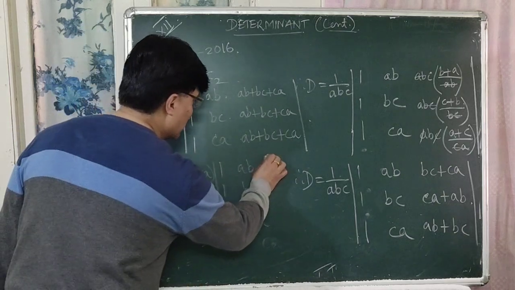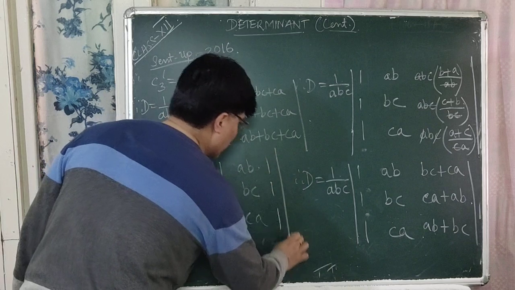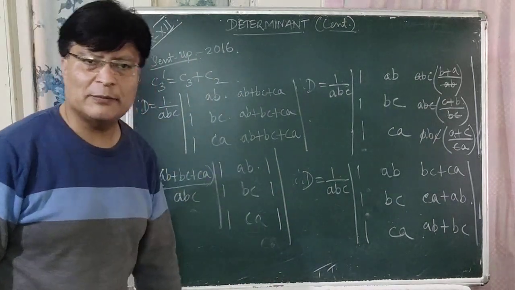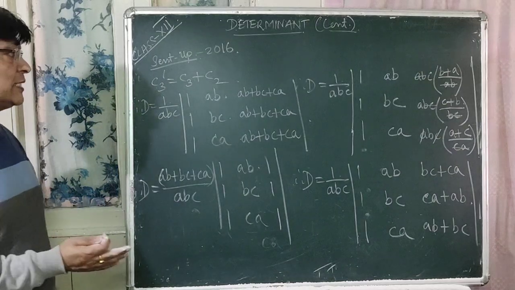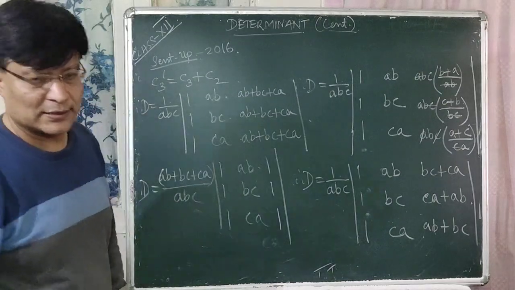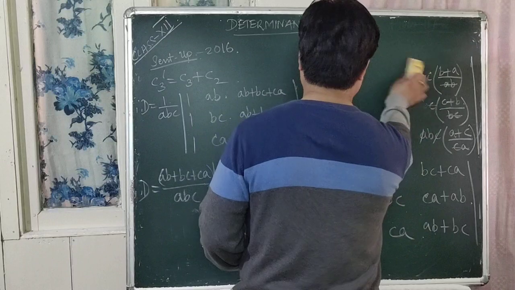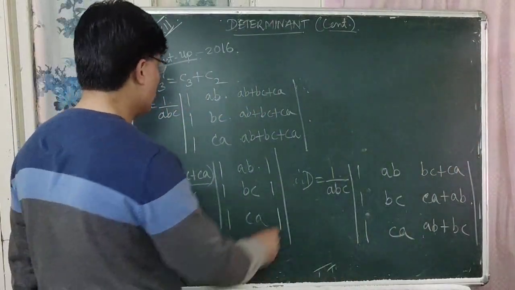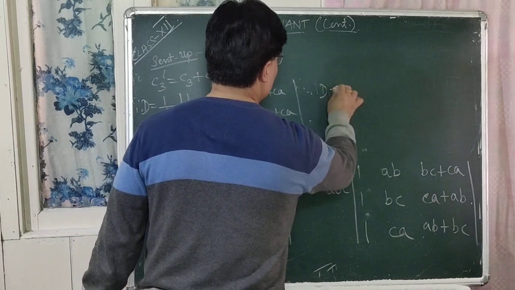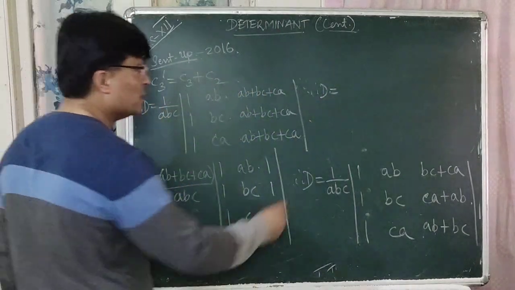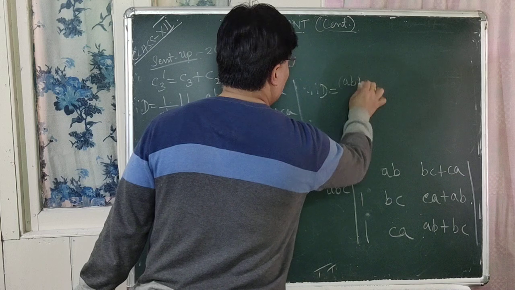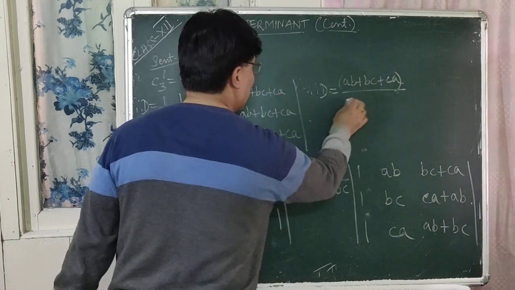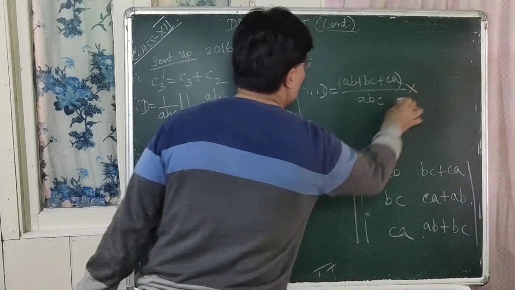And the third column now is 1, 1, 1, because AB plus BC plus CA is taken common outside. So now therefore D is equal to AB plus BC plus CA whole divided by ABC into the determinant.